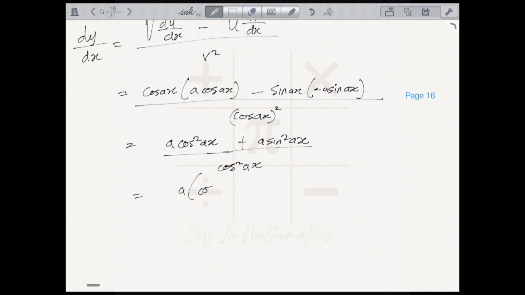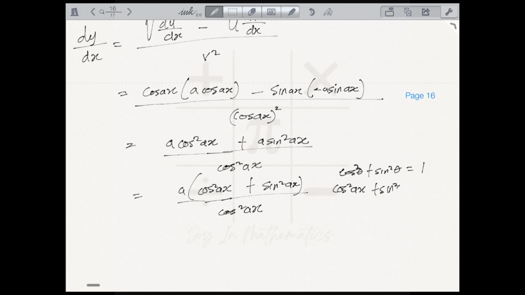That's a into cos square ax plus sine square ax divided by cos square ax. Now we recall in trigonometric identities that cos square theta plus sine square theta is equal to 1. In the same vein, cos square ax plus sine square ax is also equal to 1.